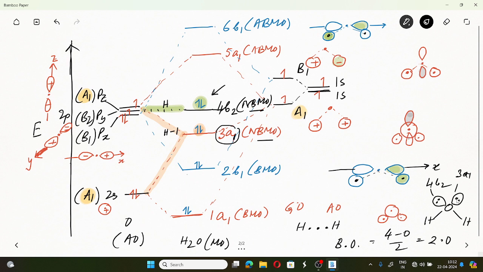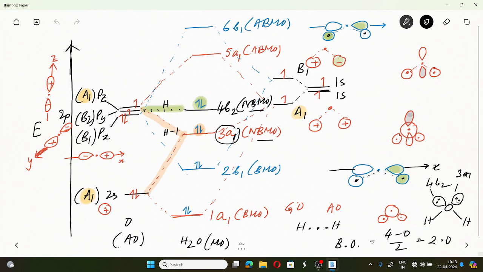Since it is of higher energy, usually during chemical reactions, say when water is participating in chemical reactions where a lone pair has to be donated, only one lone pair is donated. During chemical reaction, the lone pair which is donated is from the HOMO. HOMO means this one, 4b2.